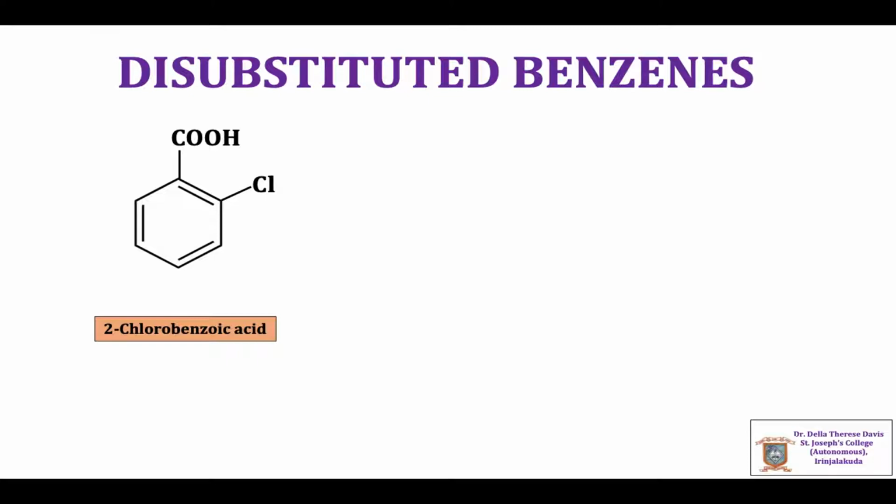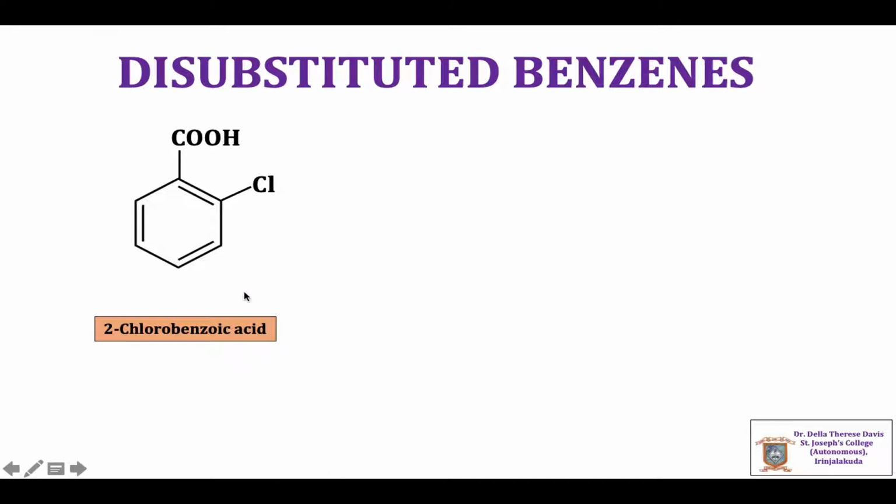If the name of one of the substituents is already incorporated into the name of the compound, then the incorporated substituent is given the position 1. And numbering is done accordingly so that the next substituent gets the lowest possible number.